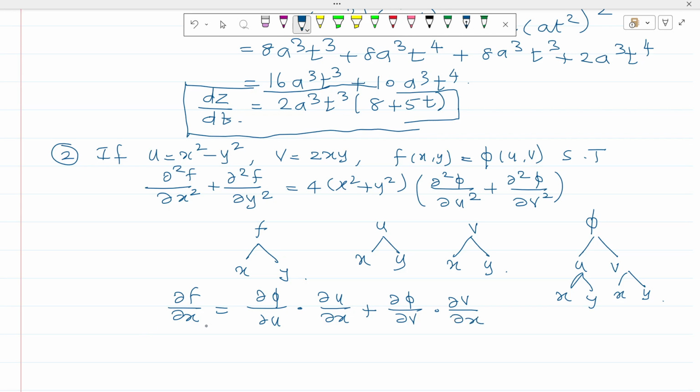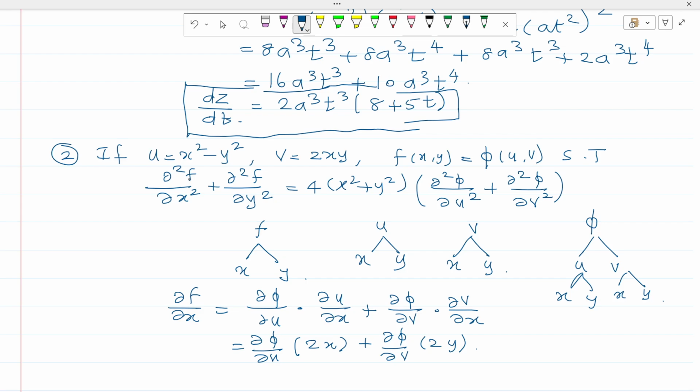So you will get dou phi by dou u into 2x, since dou u by dou x is 2x, plus dou phi by dou v into 2y.